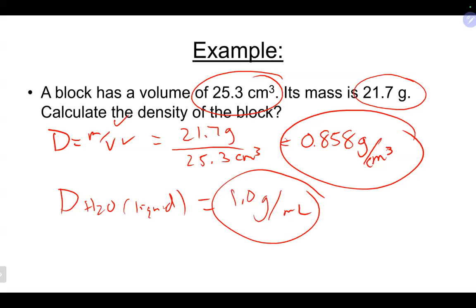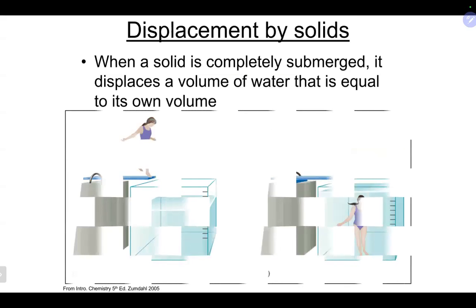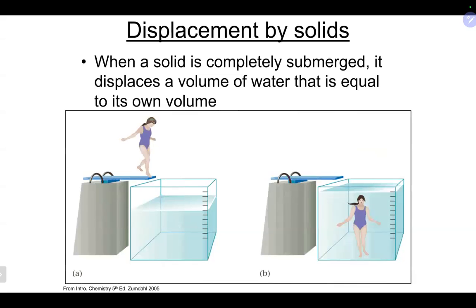All right, well, let's try another one here. Actually, let's talk about another way that we can get volume. There's really 3 ways that we can get the volume of a substance, 2 of which we've talked about.